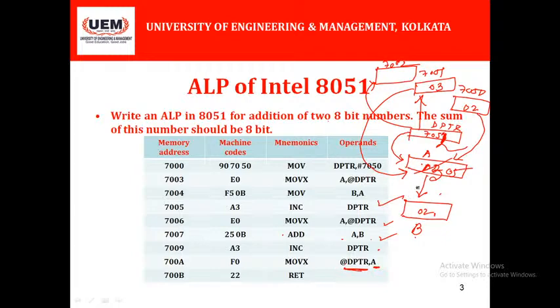That means the value at 7052 becomes 05. Then RET to stop the operation.